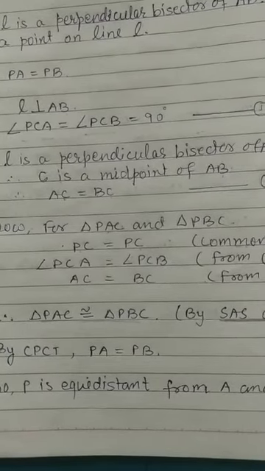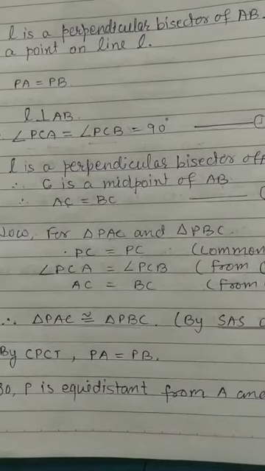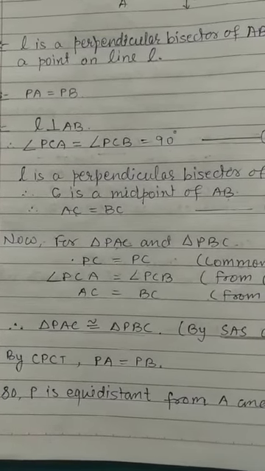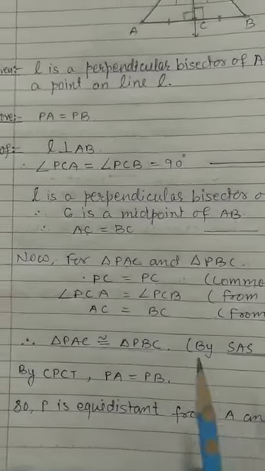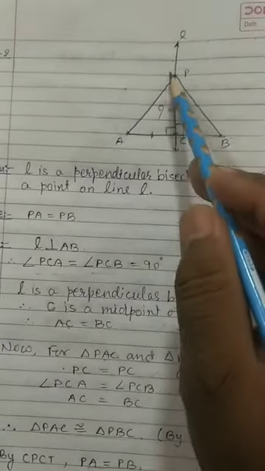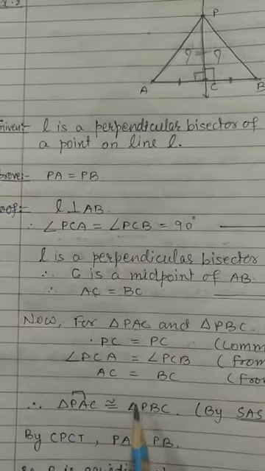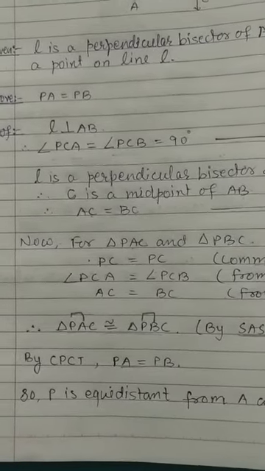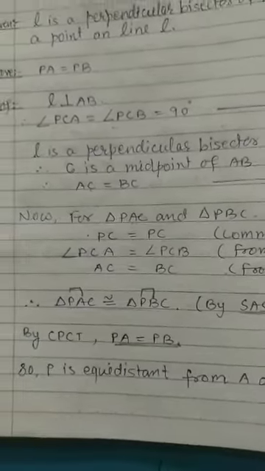Now when the triangles are congruent, we will apply CPCT, that is, corresponding parts of congruent triangles. So we can say that PA is equal to PB.